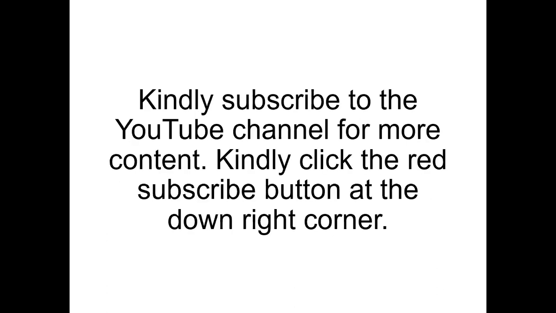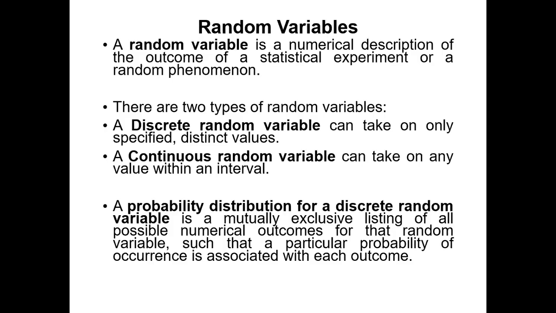Now, in this second part of probability distributions, I would like to talk about specific types of probability distributions. But before then, we need to understand certain basic terminologies. Note that there are what we call random variables.